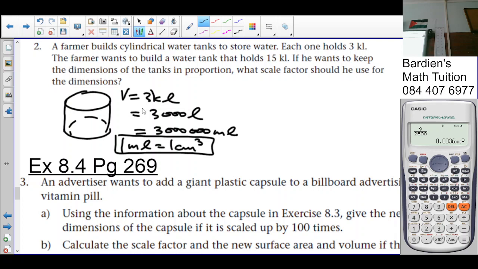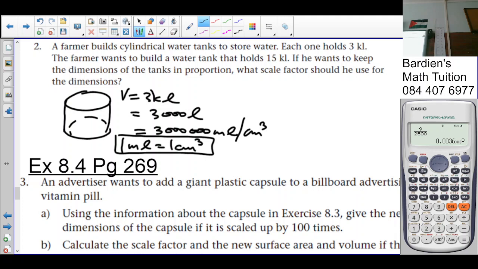That is why I converted that to milliliters. So that's the same as centimeters cubed. The farmer wants to build a water tank that holds 15 kiloliters. If he wants to keep the dimensions of the tank in proportion, what scale factor should he use for these dimensions?